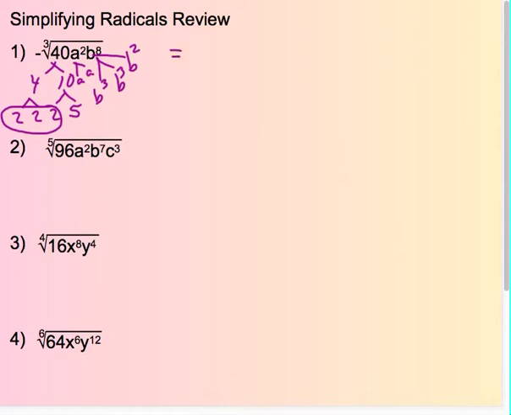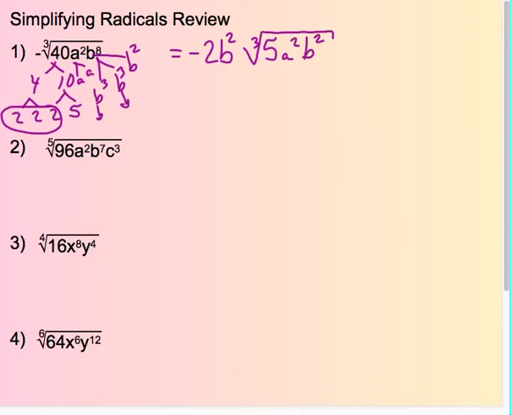So pulling the 2 out with my negative, the a is staying under, and we have 2 perfect cubes of b. So I've got 2 b's, or b squared, that I'm pulling out from the cube root. And left under the cube root, we have the 5 from 40, we have a squared and b squared.